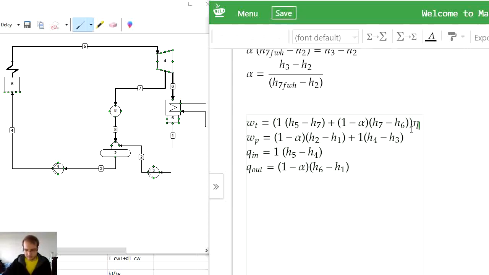So multiplied by eta m, and then we have the electrical generator, which also isn't ideal and has some efficiency. So this multiplied by eta generator. In case of the pump, the efficiencies will not decrease our power output like in the case of the turbine, but increase our power input. So we have to divide the work by these efficiencies.